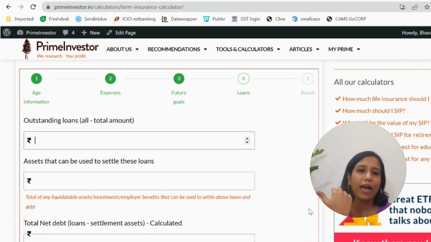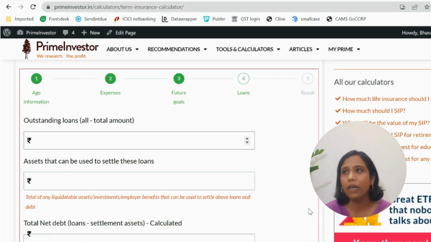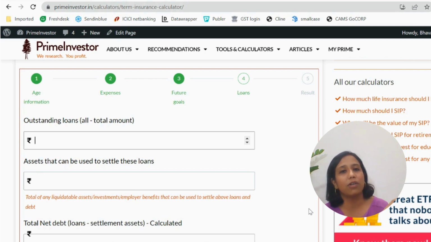Now you may also have debt that you have taken, especially big debt like home loans or car loans, which are huge amounts. Now, if your insurance does not account for these, then these can be big drains on your family's finances.